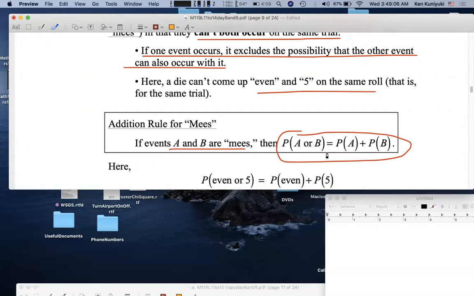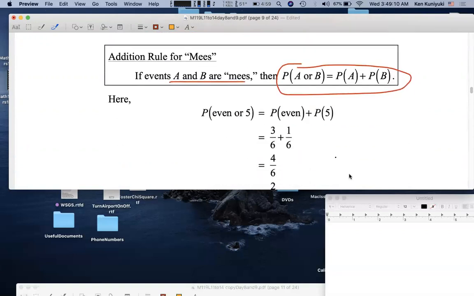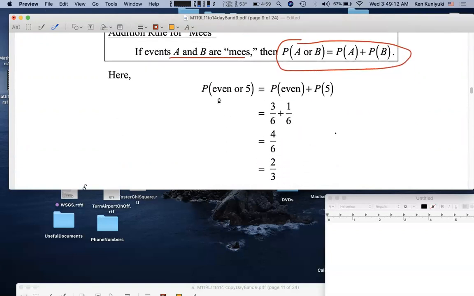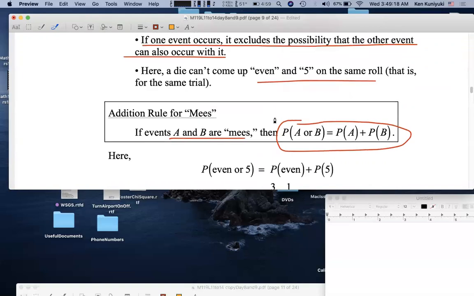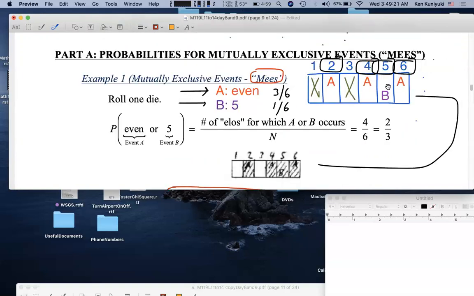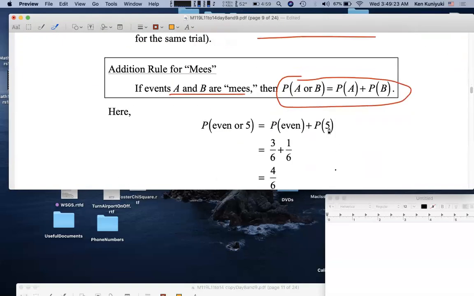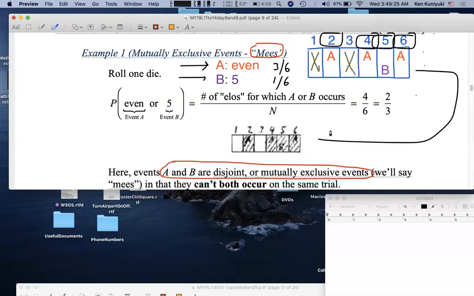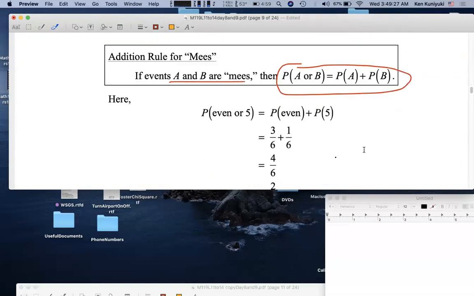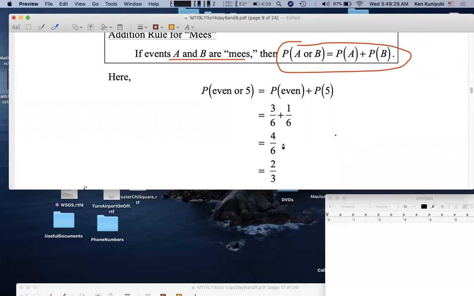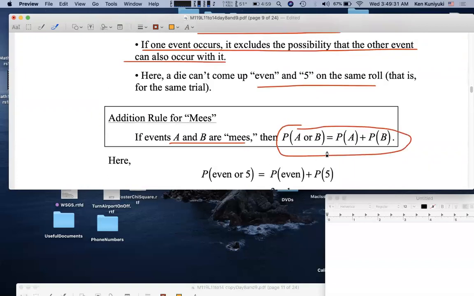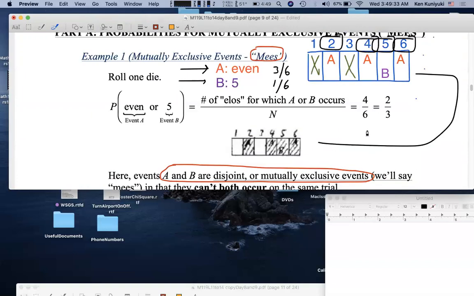P of A or B equals P of A plus P of B. So the probability of getting an even number, or a 5, is equal to the probability of getting an even number, which is 3/6. Remember? We had 3 A's up here, plus the probability of getting a 5, which was 1/6. Remember? We had 1 B up here. 3/6 plus 1/6 is 4/6, or 2/3. The same answers as we got before.